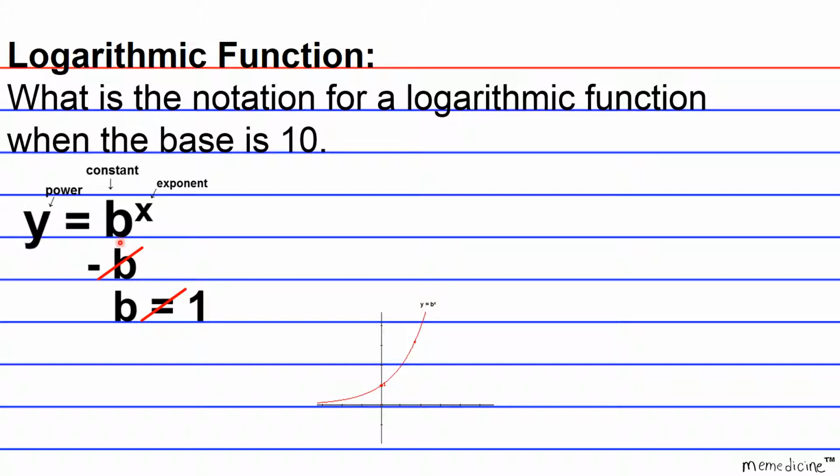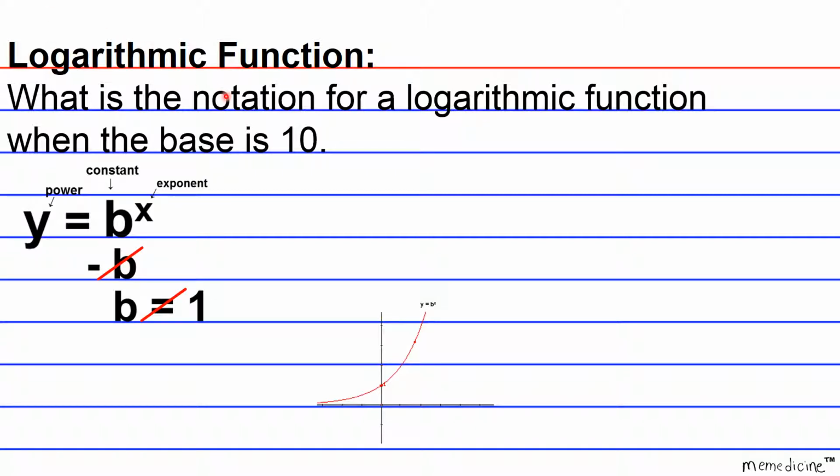So let me give you an example. Let's say you had a base raised to an exponent of 2. This means that the result would be called the second power, okay? If the exponent was 3, the result would be called the third power of the base b, okay? All right, so now that we sorted that out, let's talk about the logarithmic function.